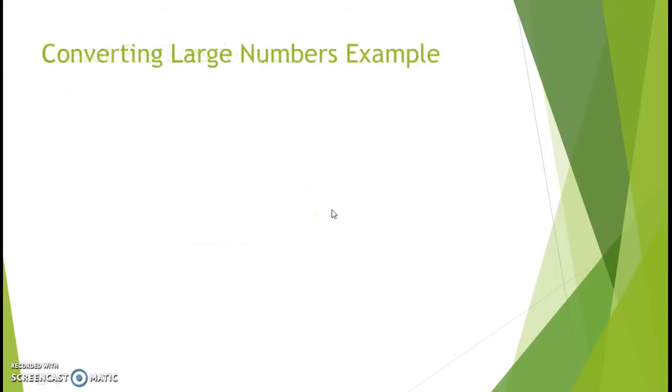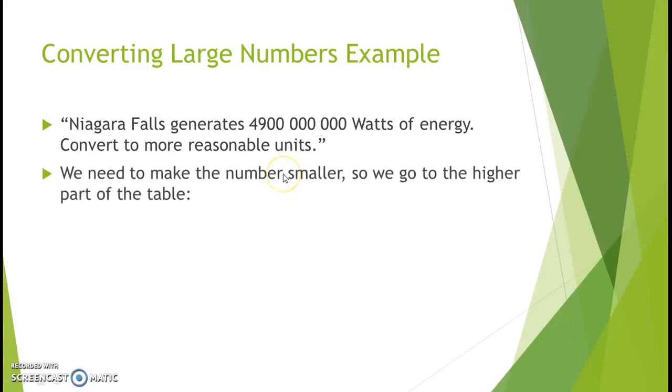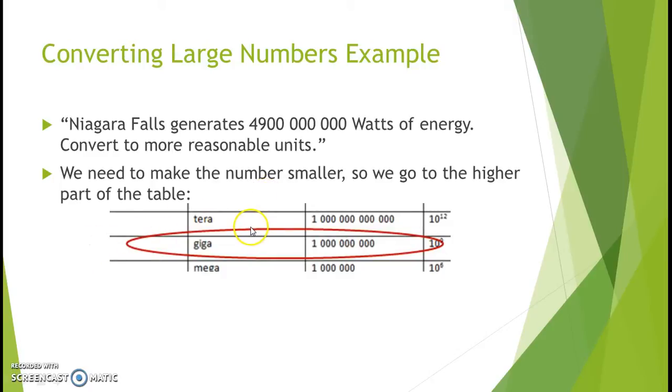All right, so let's see how we use this kind of idea in anger. Let's go back to our statement. Niagara Falls generates 4,900 million watts of energy. Convert to more reasonable units. So we need to make the number smaller. So we go to the higher part of the table and we find a similar number of zeros to what we have here.